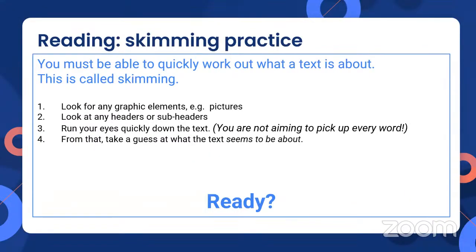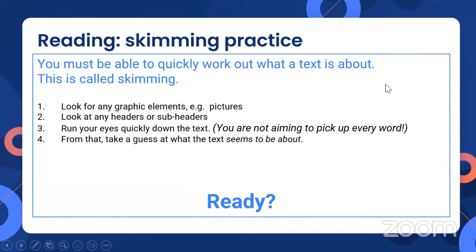Now, the first skill that's really useful is skimming, and that means you've got to quickly work out what a text is about. You might look first for any graphic elements such as pictures or tables. You will look obviously at the headers and the subheaders, and you're going to run your eyes quickly down the text. Now, you're not trying to pick up every word.